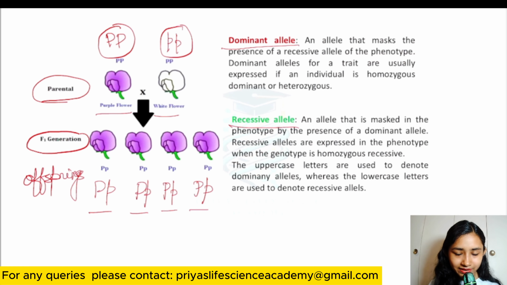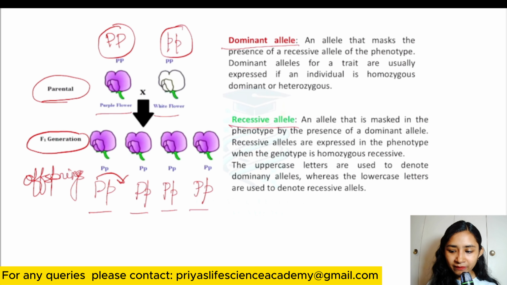But what is the point here? I want you to understand that when they are crossed, they have produced all purple colored flowers. Even if they have one capital P and one small p, that means capital P is dominant over small p. It is not allowing the small p's phenotype to be expressed.